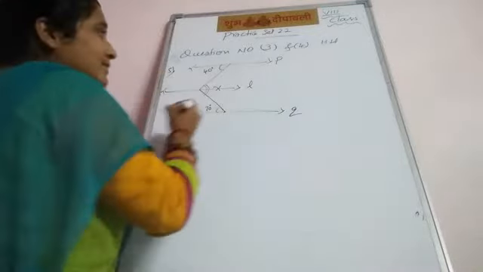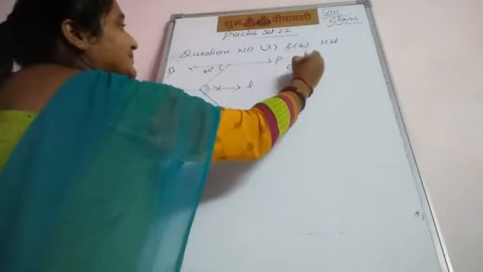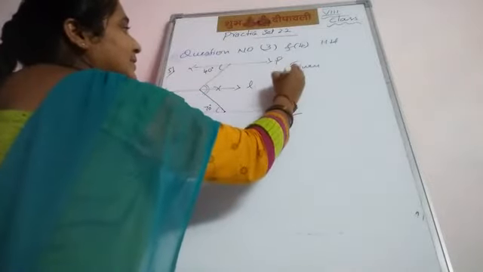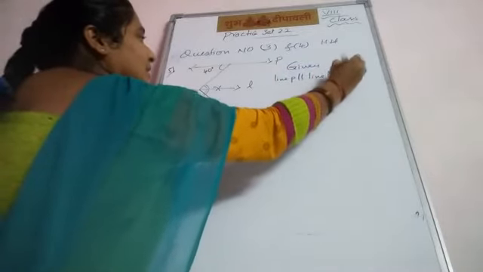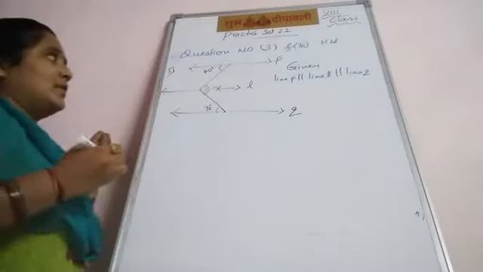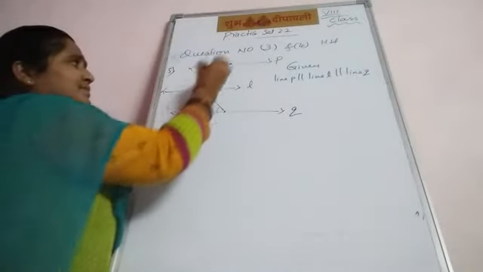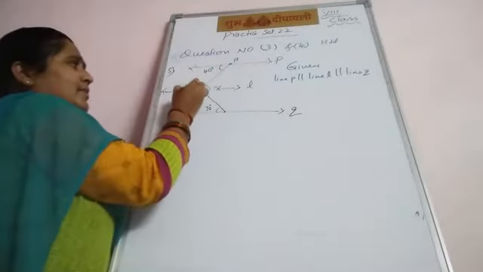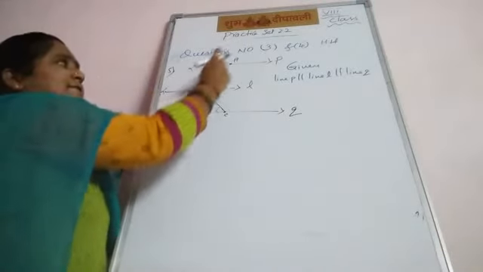First we will write the given. Given: line P is parallel to line L, and line L is parallel to line Q. Here you can write the names for the transversals as A, B, C. Here it is a segment.